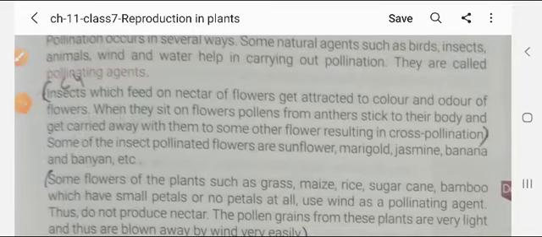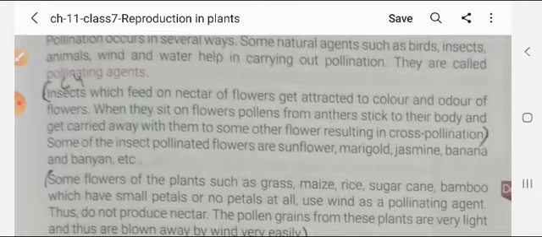Suppose a beautiful, good colored flower whose odor is very fine.